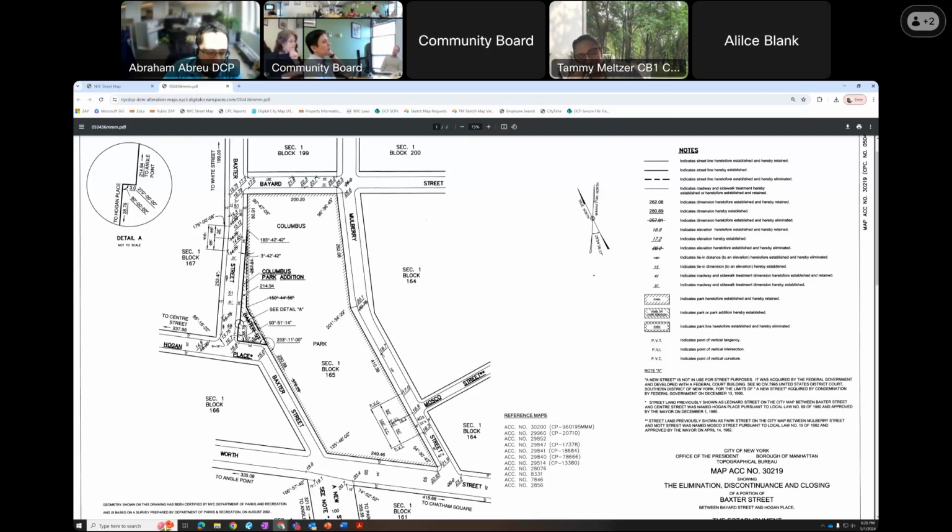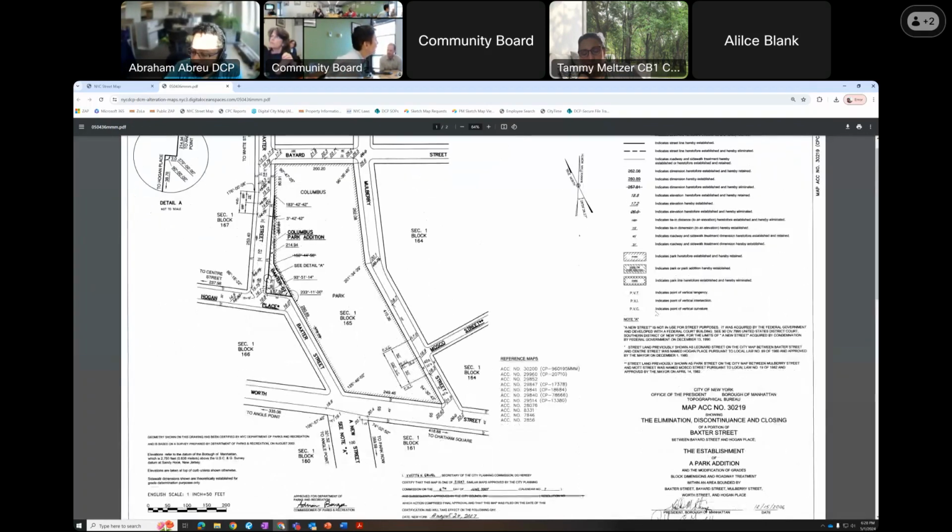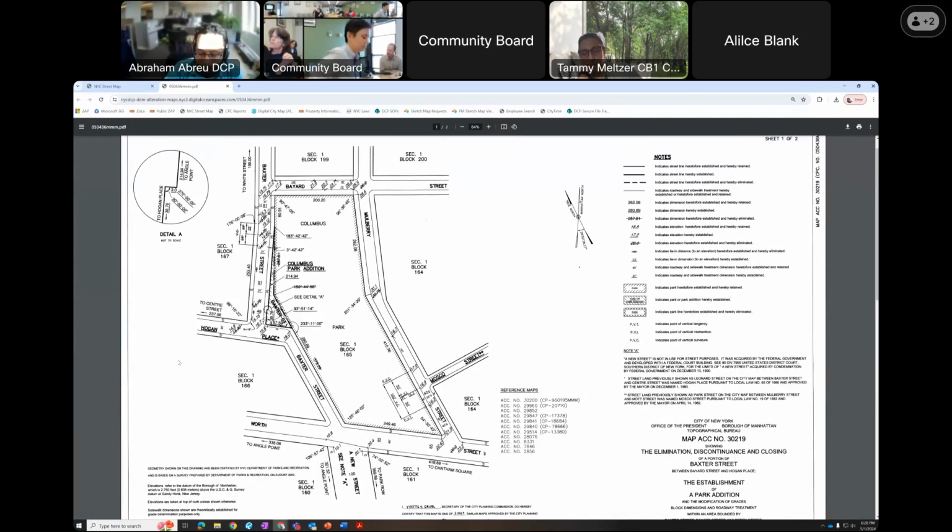So what does that practically mean? If we look at this corner of Columbus Park, it's kind of hard to see, but there's a dash line here, right? And it's next to this little X thing, which if you look at the legend means getting rid of a park line.